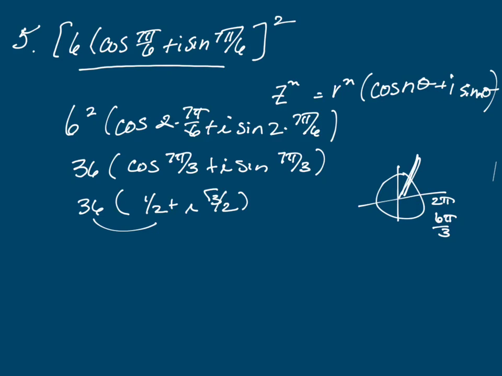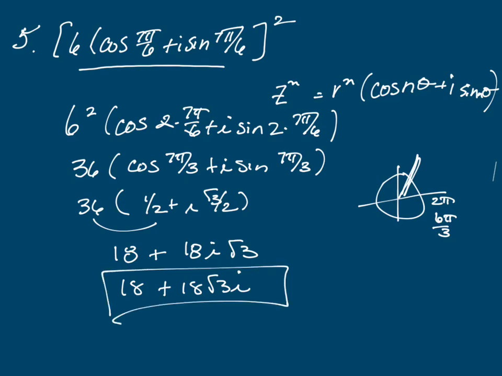So we would have 18 plus 18 I square root of 3, or 18 plus 18 square root of 3i. Makes more sense. So 18 plus 18 square root of 3i is the answer to number 5.